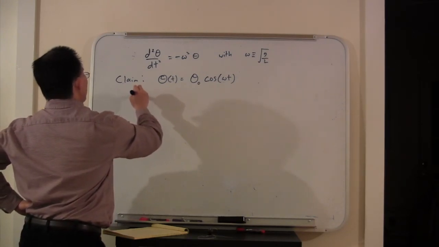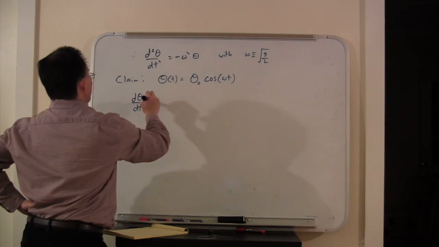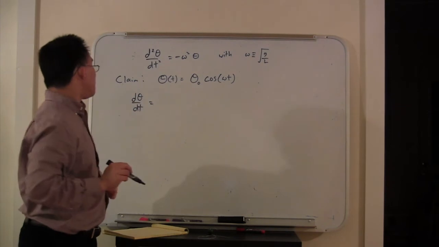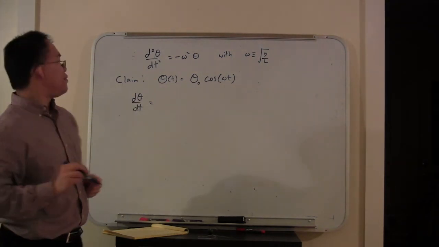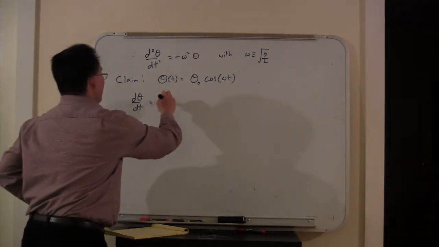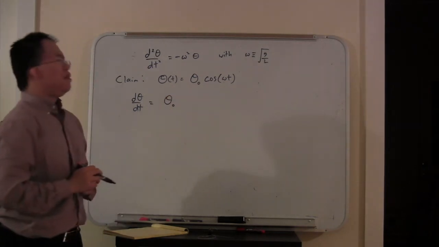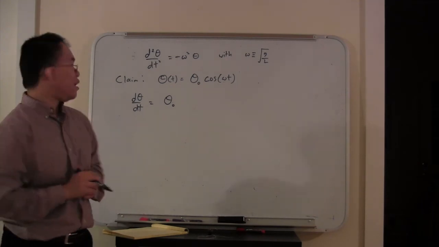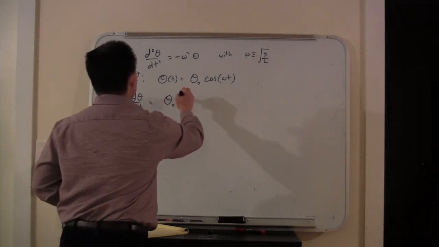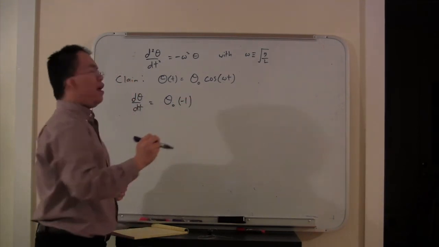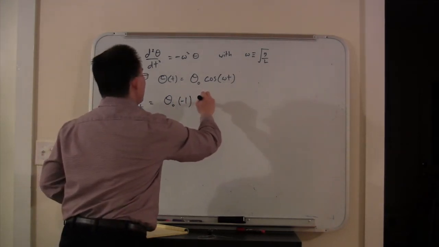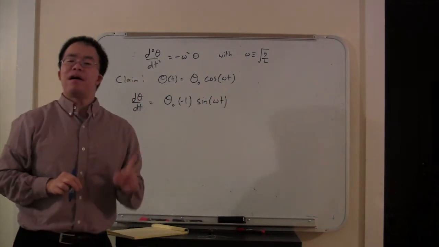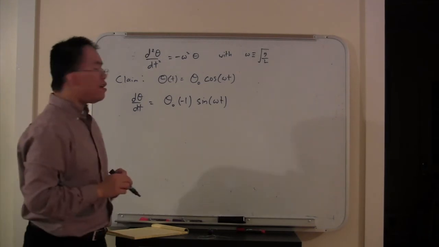So we have d theta dt. I'm assuming theta naught and omega are constants here. So if I take a derivative of this, I can pull out my constant. Now the derivative of cosine is minus sine. So I get a factor of -1, and then I have sine omega t. But I have to remember that I need to use my chain rule here.